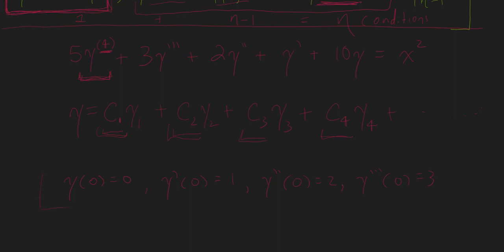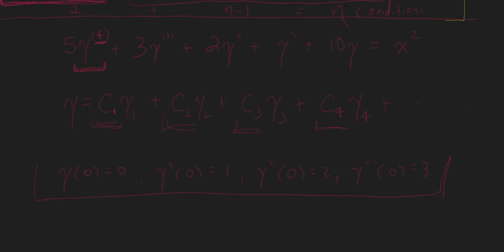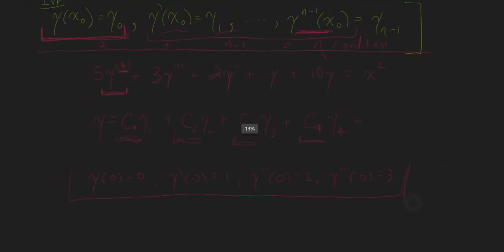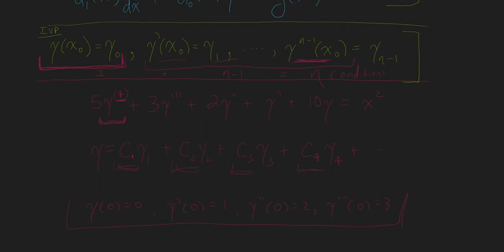So these might be our set of initial conditions. Now it would be important to know when we're solving these initial value problems, if the solution that we obtain is actually the only solution that exists.